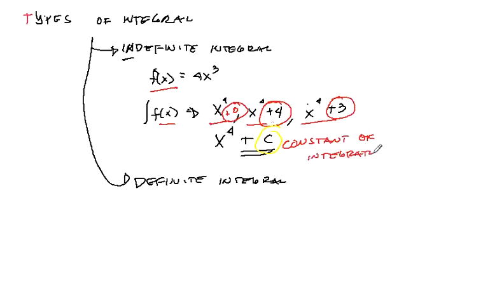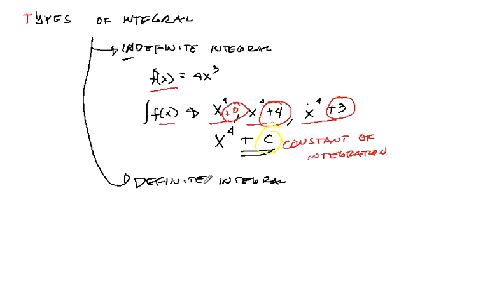The plus c here is what we call the constant of integration. So that is for the indefinite integral: there is no limit and you can have different integral functions, but not unique integral functions.